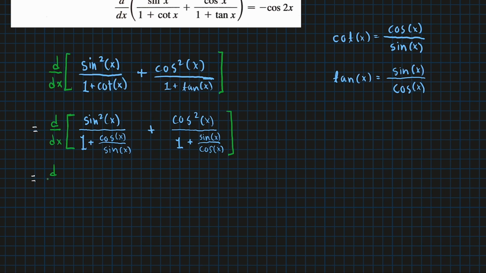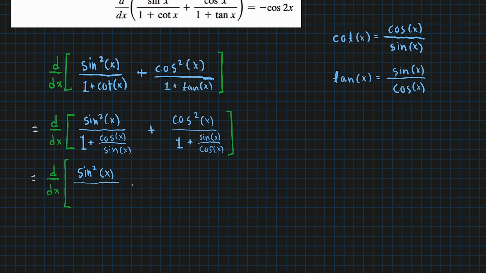So we have d over dx, got our big bracket there. We'll put in sine squared of x because we still have that in our big fraction's numerator.